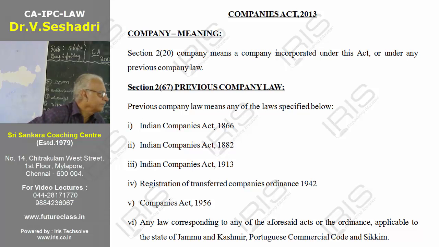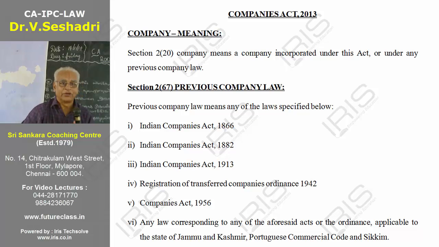What is the liability? Imprisonment minimum 6 months, up to 10 years; minimum 2 years if the fraud involves public interest. Plus fine: minimum the amount involved in the fraud, up to 3 times the amount involved in the fraud.